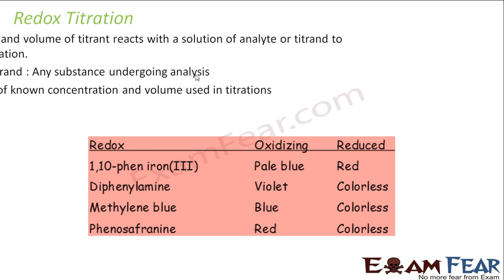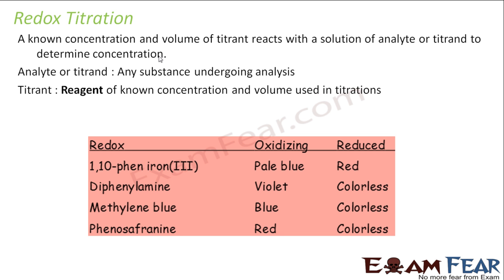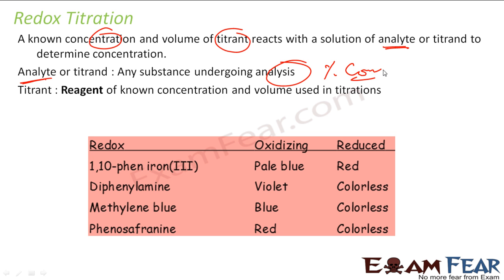In this case, a known concentration and volume of titrant reacts with the analyte to determine its concentration. Here the analyte is nothing but the substance which is undergoing analysis, where you find the percentage concentration of the substance, and the titrant is nothing but my known reagent. It is of known concentration.